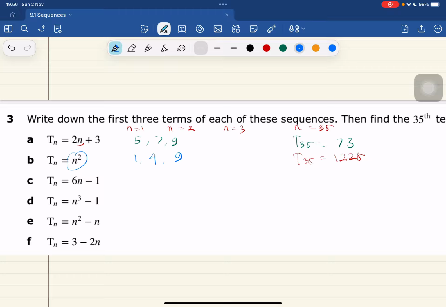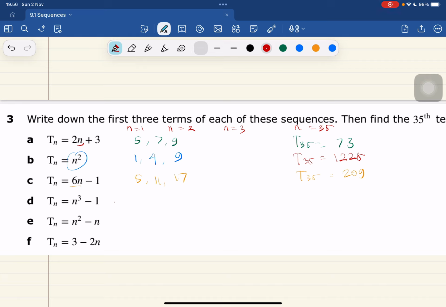Okay, next question. 6n minus 1. So it's going to be 5, 11, 17. And then t35 is going to be 6 times 35, and then we minus 1, which is 209.